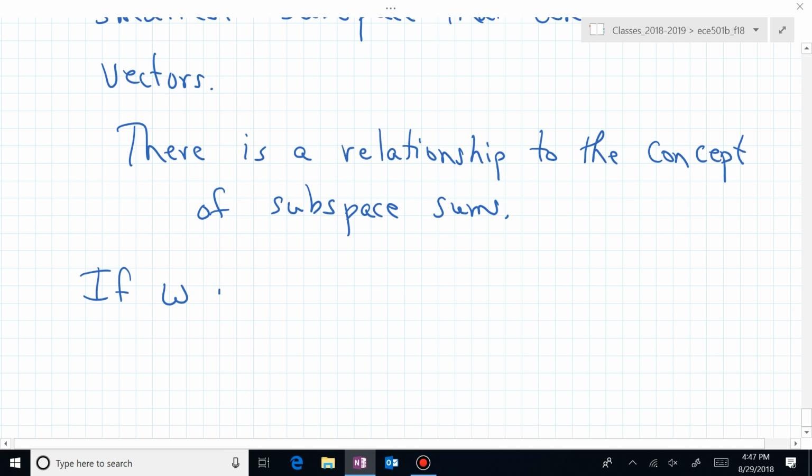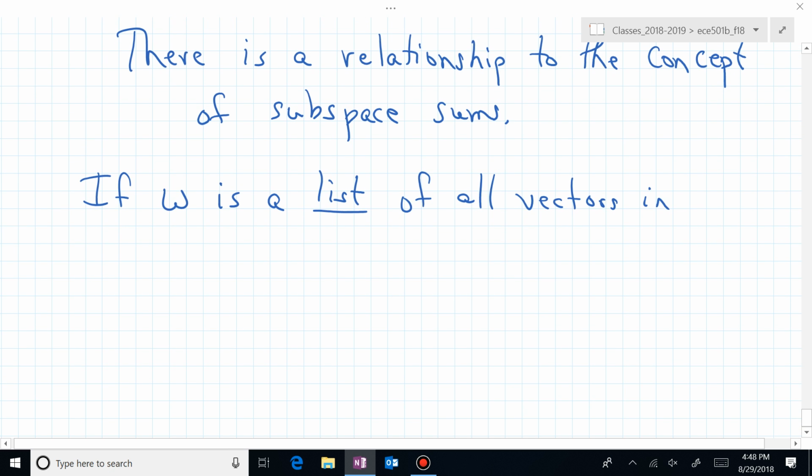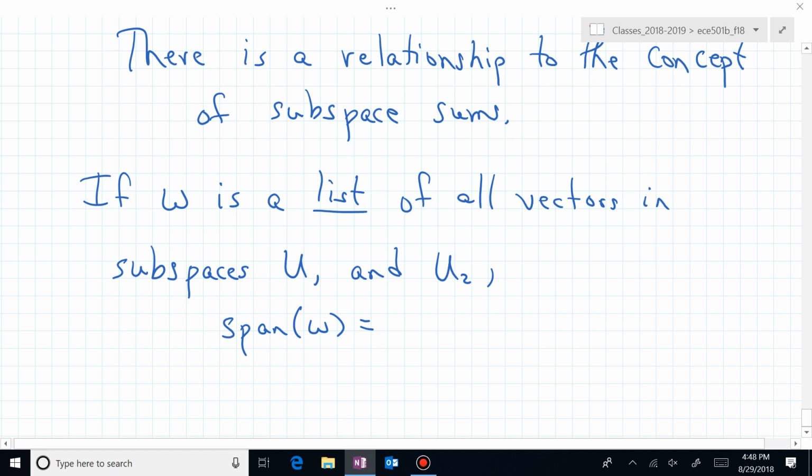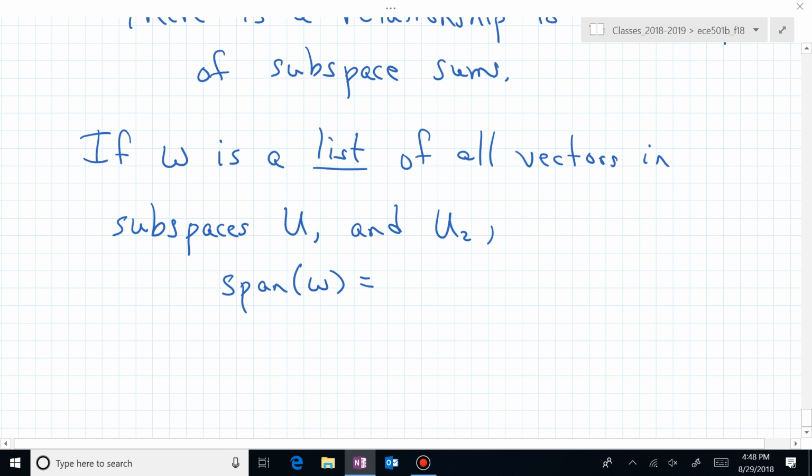If W is a list of all vectors in, let's say, subspaces U1 and U sub 2, then what can we say notationally about the span of W?